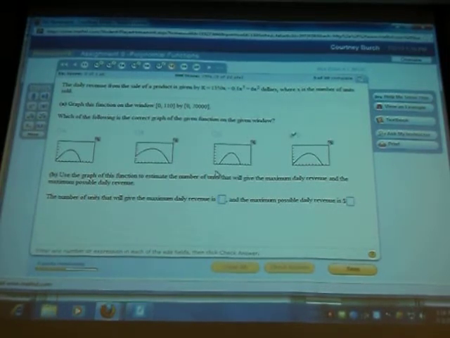Go back to standard window. Now trace. So your local max is right here, the highest little half point there. Trace to the left. I don't see the dot.